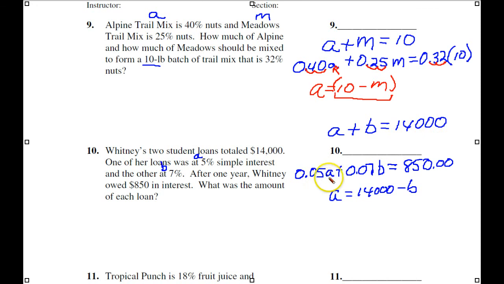Now the A is at 5%, so 5% of A plus 7% of B earns the interest of this much money. Again, with all these little decimals, you want to get rid of them. So I'm going to multiply everything by 100.